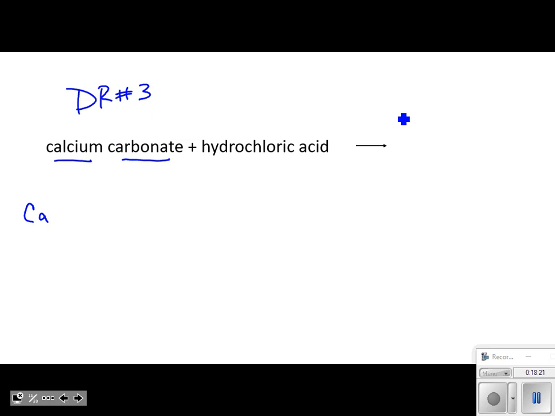It's an alkaline earth metal. Carbonate is a 2-. My other reactant is hydrochloric acid, IC 1 or 3. This is acid rule number 1. Okay, so that tells me, drop that, not looking at this.